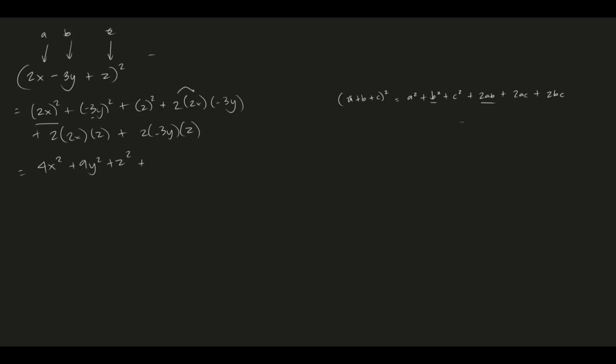For this one, we have to multiply: 2 times 2x is 4x, and multiply the 4x by negative 3y, so we have negative 12xy. And for this, 2 times 2x is 4x, multiplied by z, so we have 4xz.